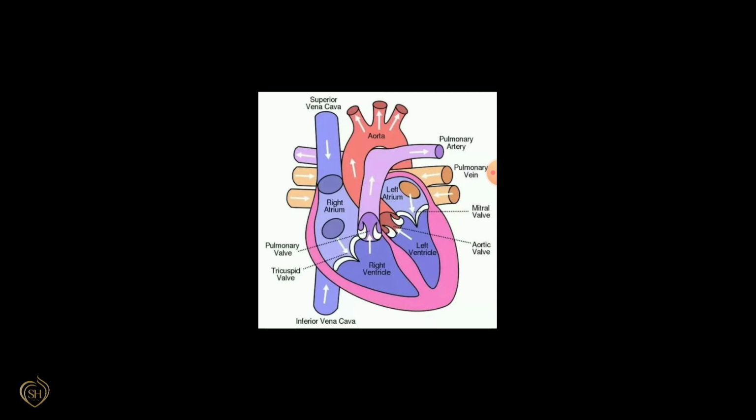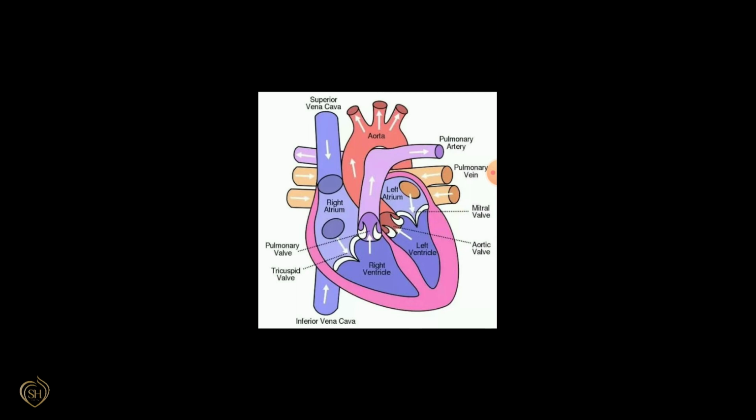Then look at the lower chambers. Which are the blood vessels leaving the heart? Yes, they are also two types. The pulmonary artery and the aorta. Look at the figure. Pulmonary artery, you can see there.